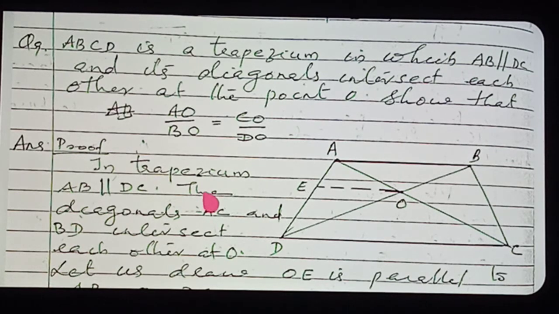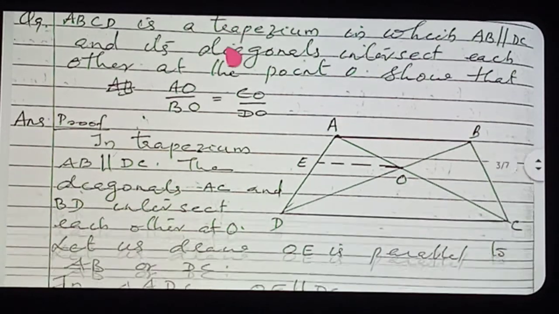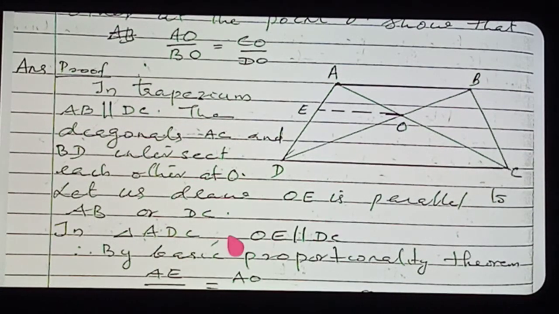The diagonals AC and BD intersect at the point O. Let us draw a line OE parallel to either AB or DC.